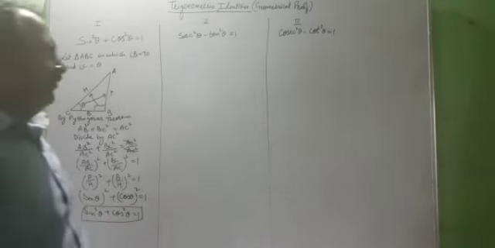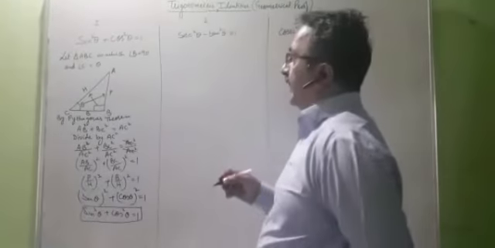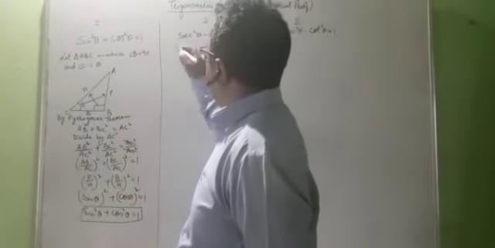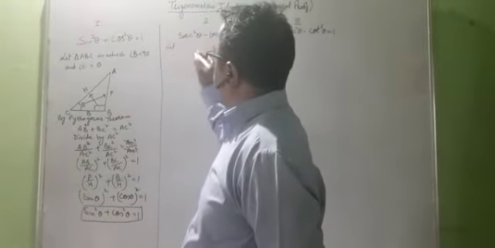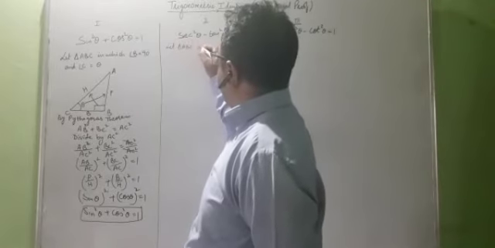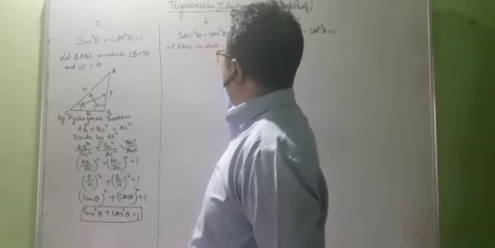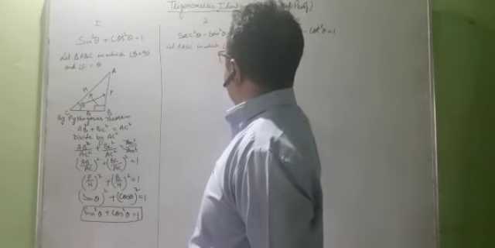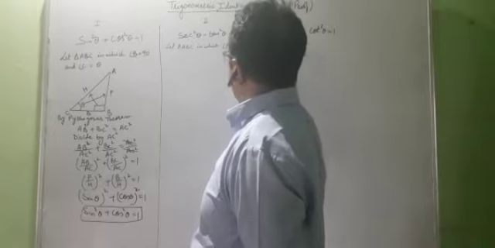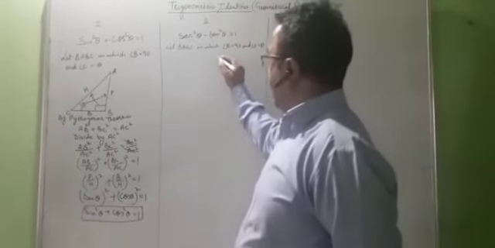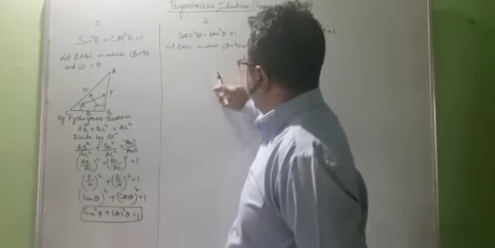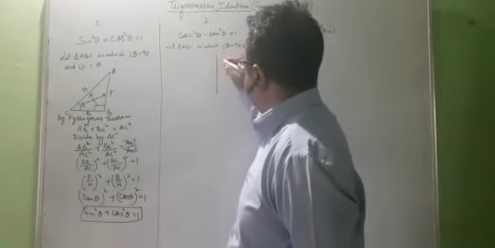Now we'll go to the proof of the second identity. We'll do the proof on similar lines. Let triangle ABC in which angle B equal to 90 degree and angle C equal to theta. Again, all of you make a right angle triangle.